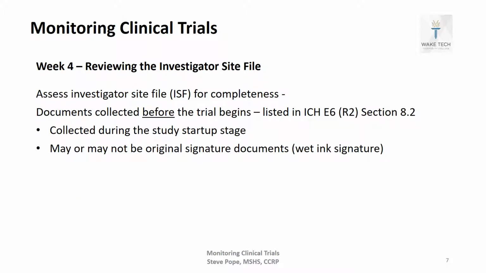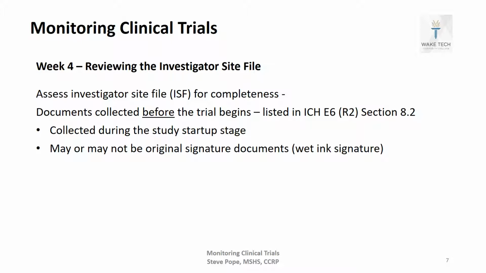As we go through our review of the ISF, we want to first take a look at the documents that are collected before the trial begins, those that are listed in Section 8.2 of ICH E6. So these could be collected during the study startup stage, and they should be on site in the ISF. You should also see those in your electronic trial master file.